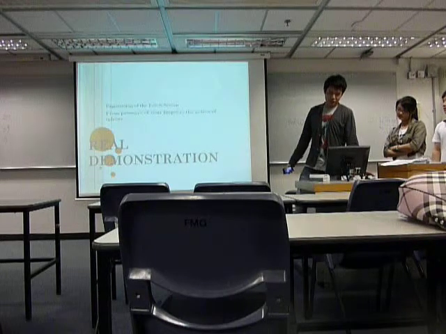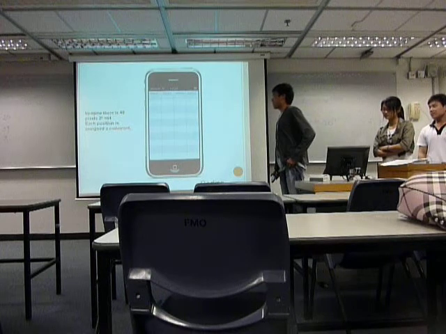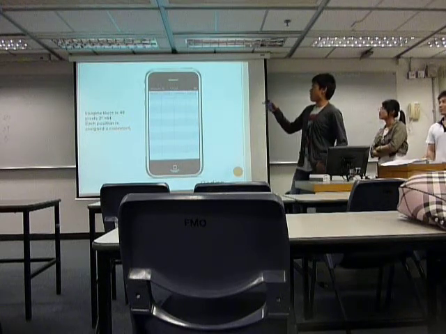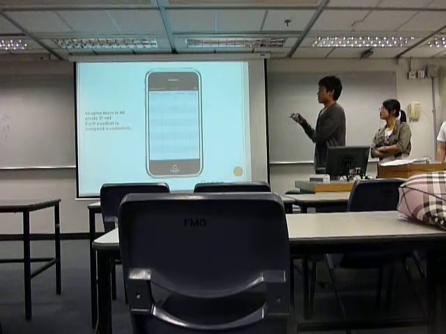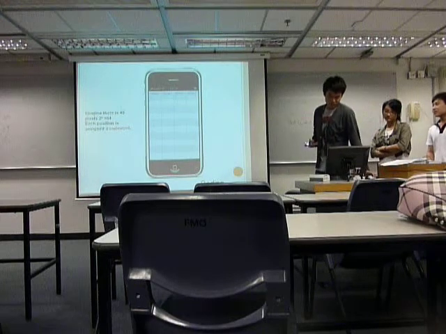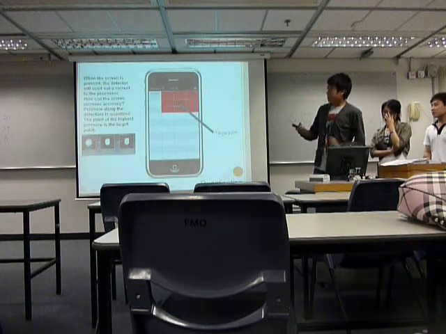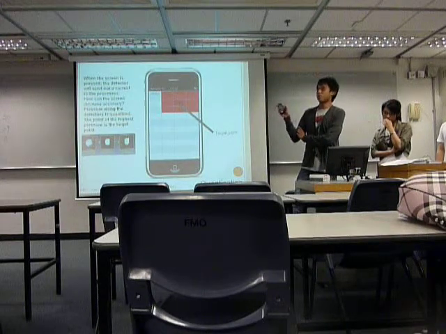And let me show you a real example. So here is an iPhone, and imagine the screen of the iPhone is divided into 40 boxes, and each box is assigned a coordinate. So how can the system detect where your finger is put on?